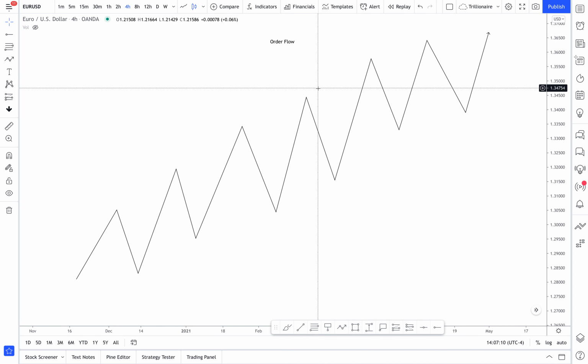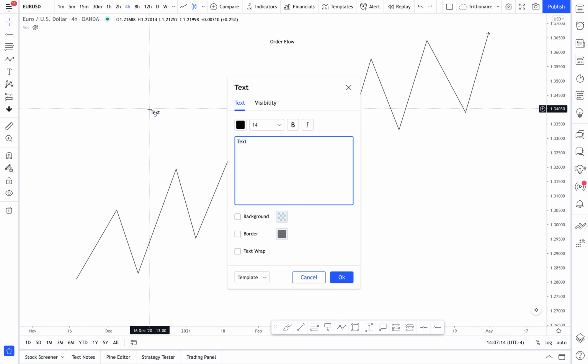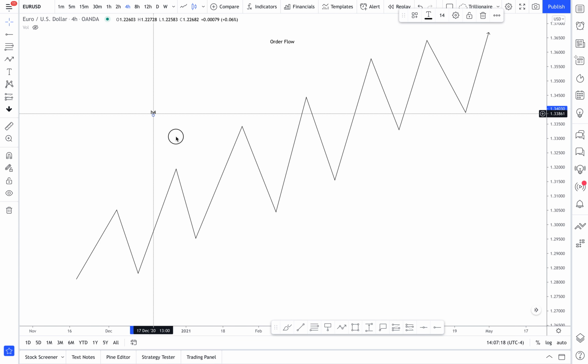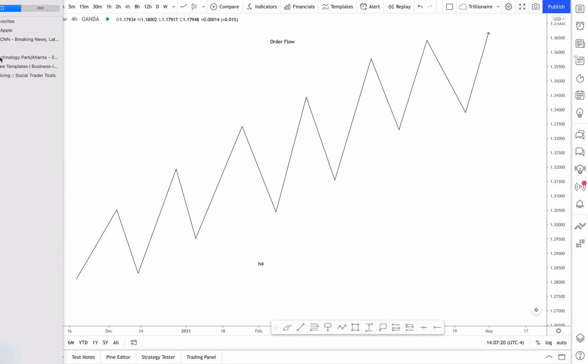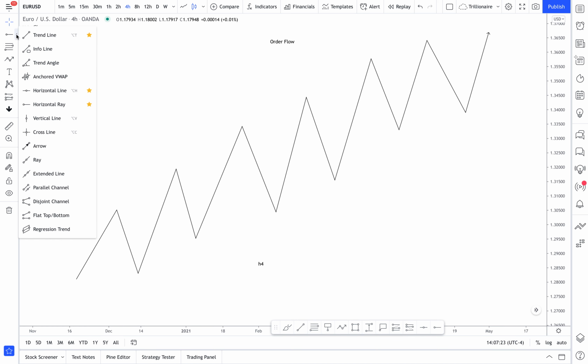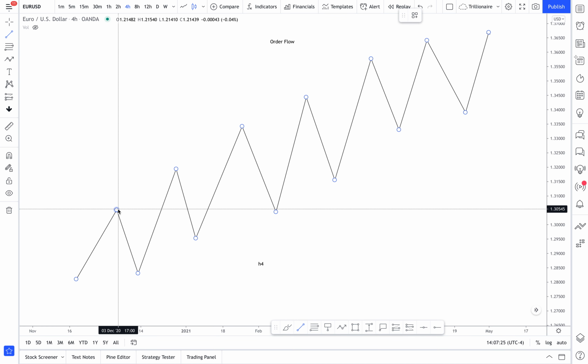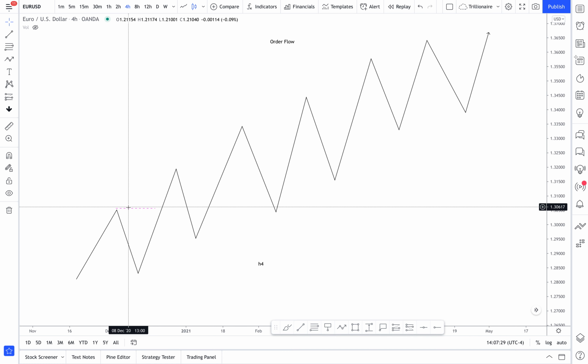All right. So let's say this is the H4 time frame, okay? Order flow is simply how the market moves, right?